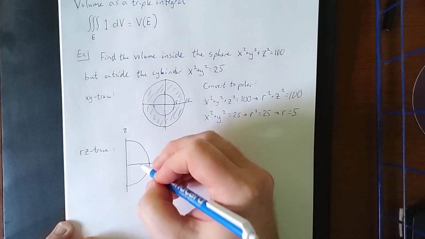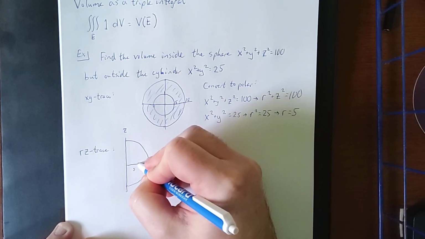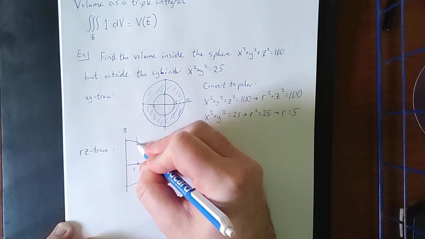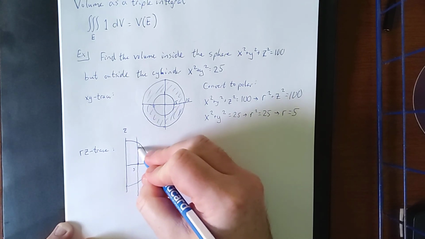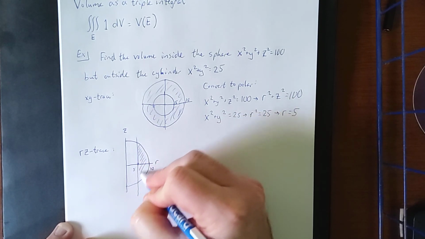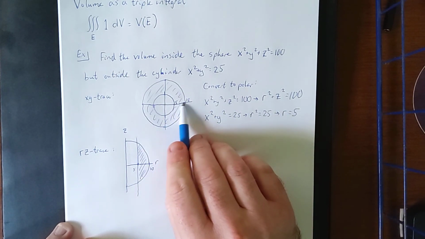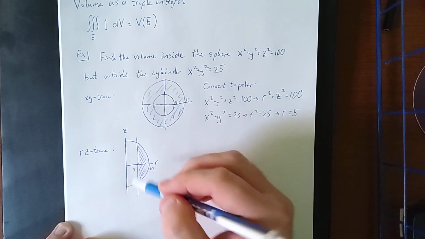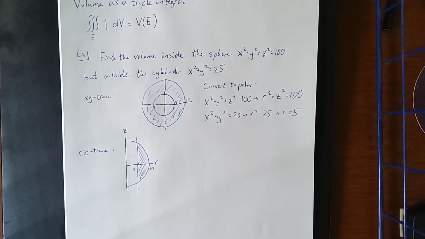And r equals 5 would simply look like a vertical line. Now the portion of the solid that we would be looking at would be this part right here. As you can see from the XY trace, everything that we have here is between a distance of 5 and 10 units away from the pole. So we're looking for between 5 and 10 units away from the pole.